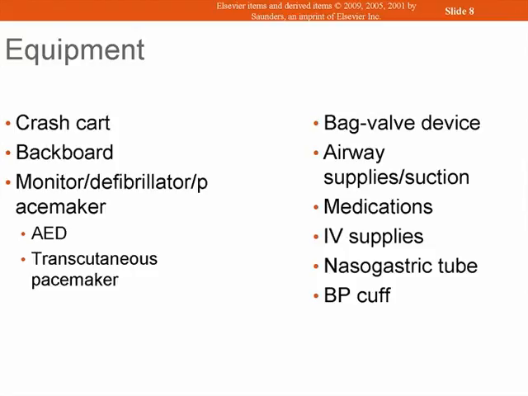All the IV supplies you need are available on a code cart. There's also the availability for a nasogastric tube insertion, because a lot of times we get a lot of gastric distension with an AMBU bag, and that needs to be deflated and prevent aspiration. There's generally a blood pressure cuff, rolling vital sign machine available. You need to have that as well.